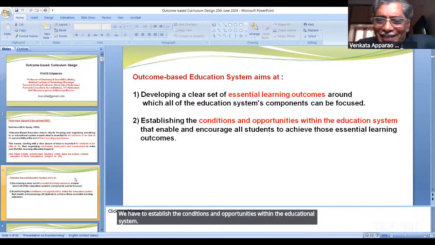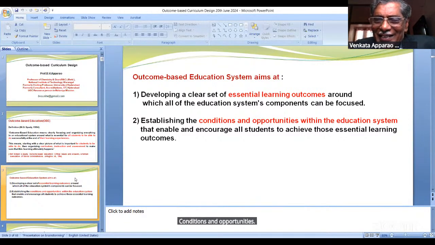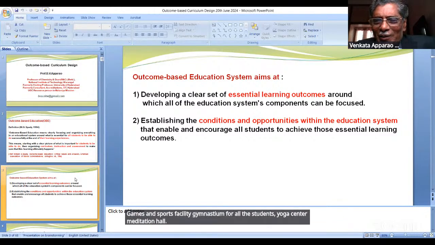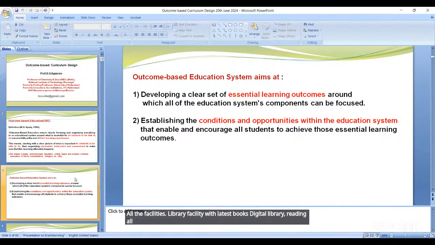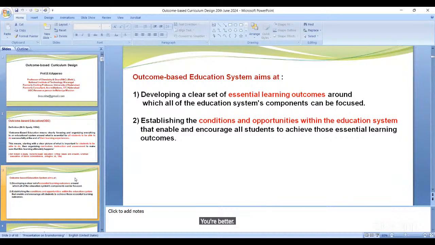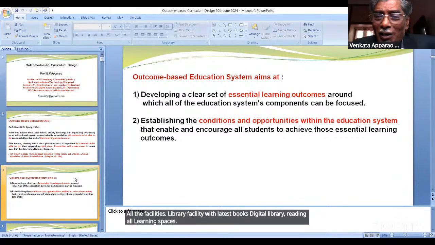Conditions and opportunities: digital classrooms, modernized laboratories, games and sports facility, gymnasium for all the students, yoga center, meditation hall, all the facilities, library facility with latest books, digital library, reading hall, learning spaces within the university, all we must provide.